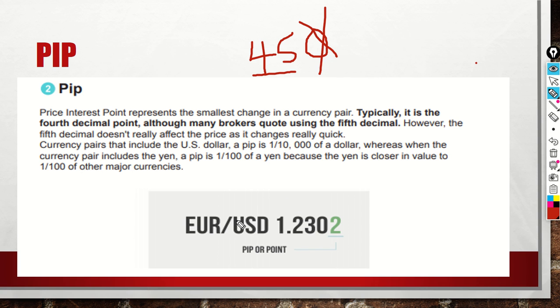So if this was EUR/JPY, this is euro Japanese yen. We're having the euro trading against the yen. This number would be something like 100.320.